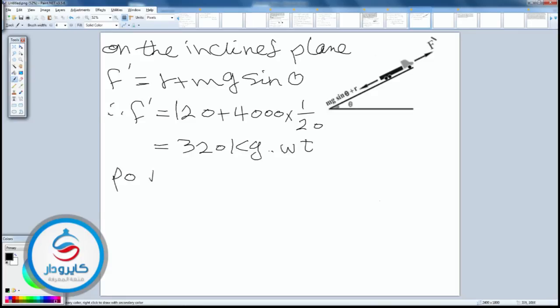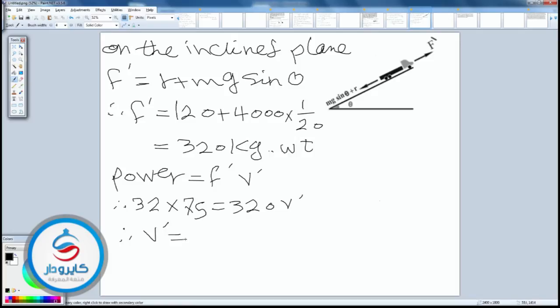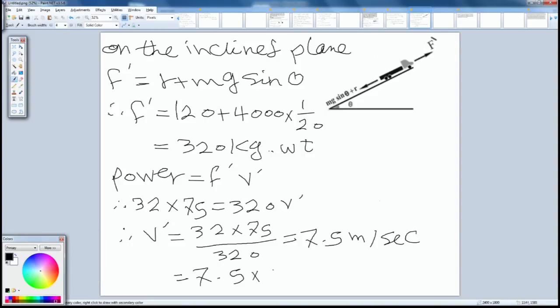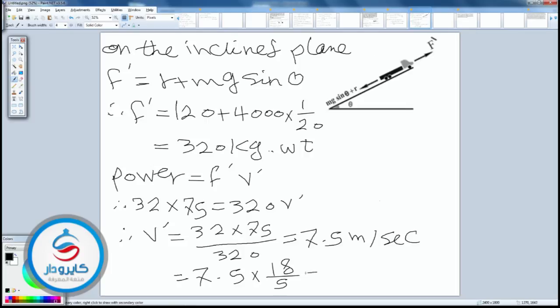Power equals F dash V dash, therefore 32 by 75 equals 320 V dash, therefore V dash equals 32 by 75 over 320 equals 7.5 meter per second equals 7.5 by 18 over 5 equals 27 kilometer per hour.